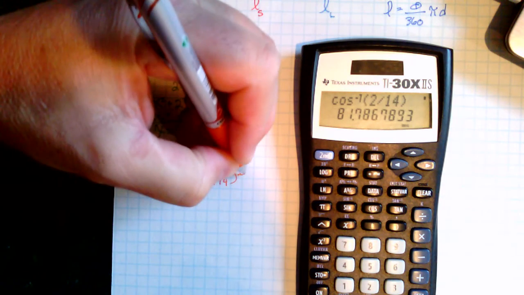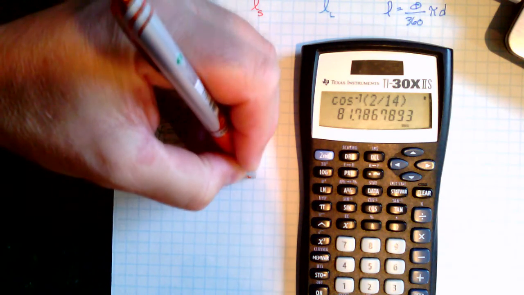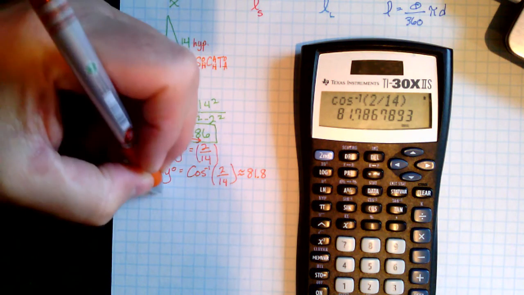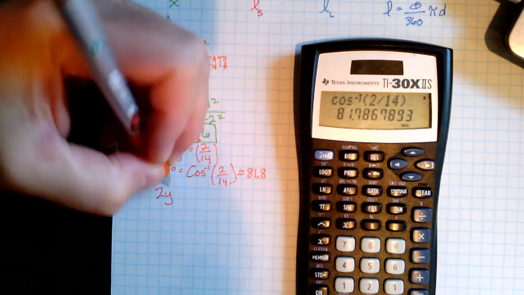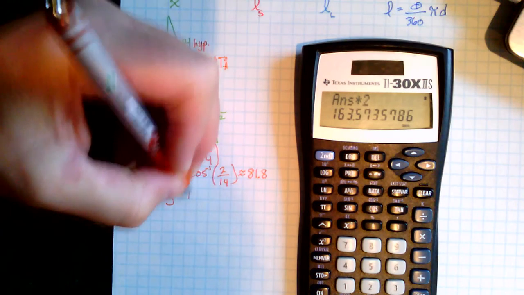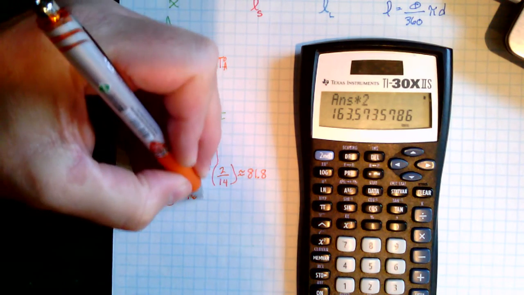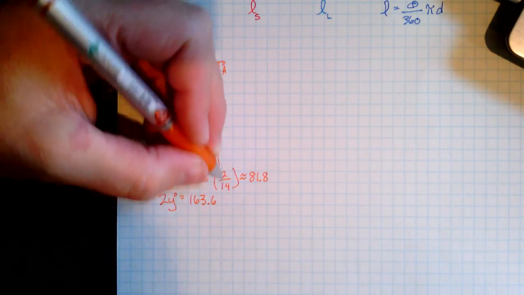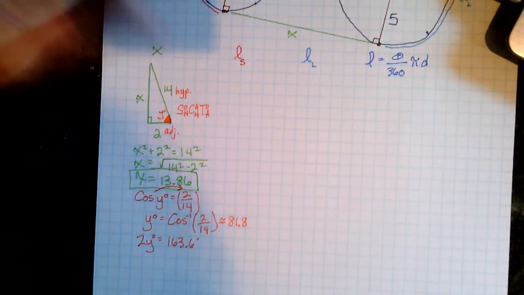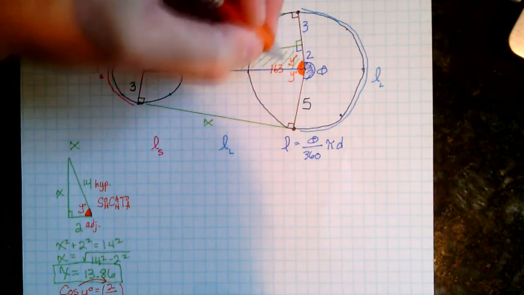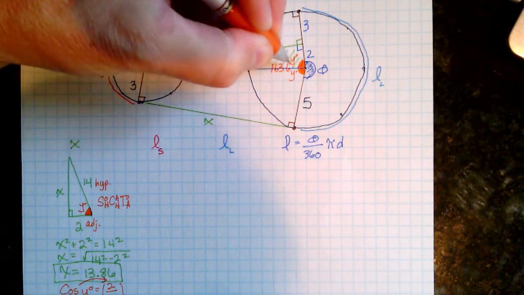This is roughly 81.8. So remember, we need 2 of those. So 2y is just this angle doubled, or 163.6, and that's in degrees. So this 2y represents 163.6 degrees.